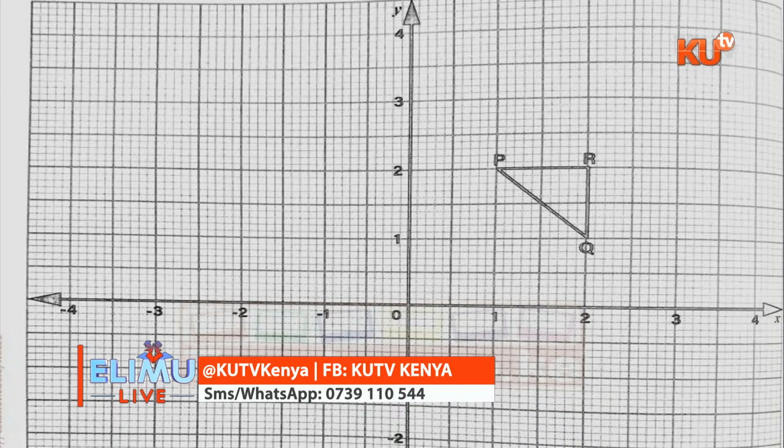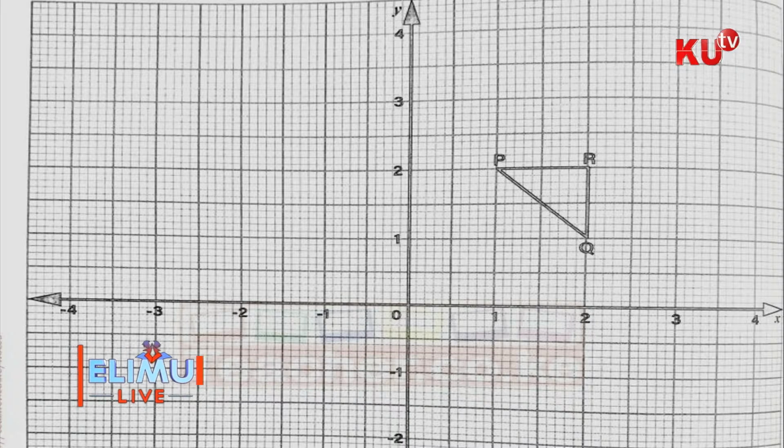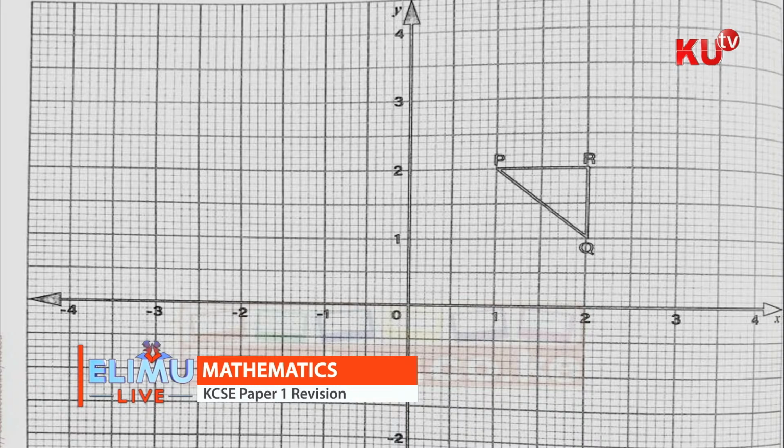Now, locating the double primes, there are two approaches. There is the counting technique and there is what is called measurement. Remember that the enlargement is negative 1.5. The first thing you can do as a student, you can take your pair of dividers or compass, and measure the distance from P prime to the center of enlargement.